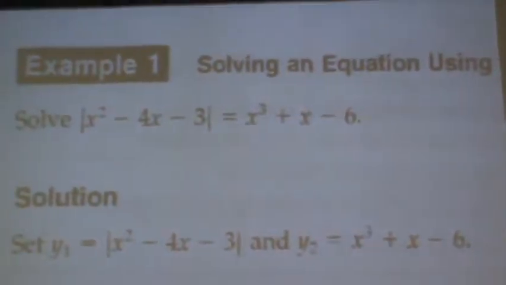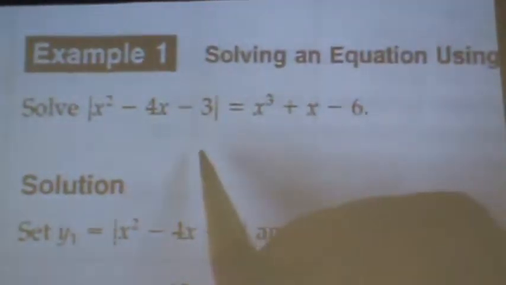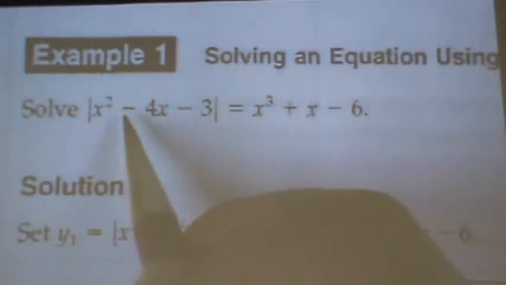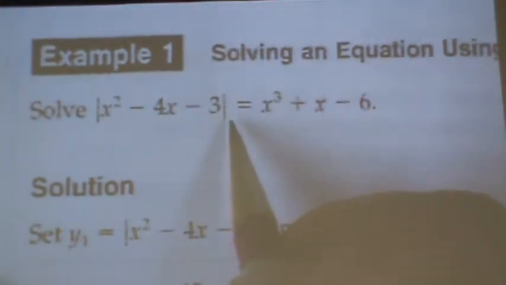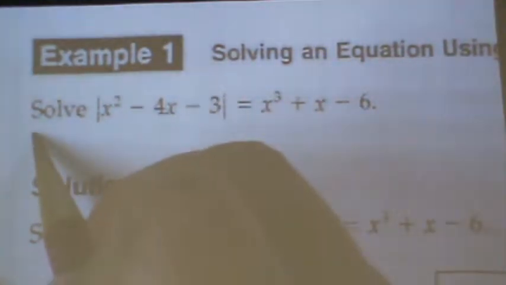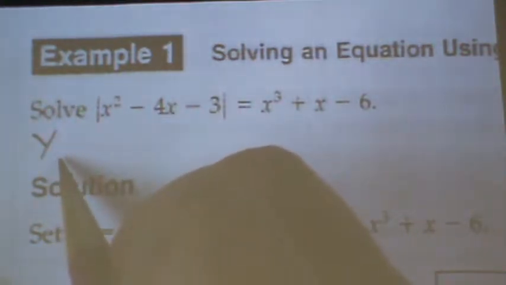Everybody have example 1 in front of them. On the left side, you have an equation, and it's the absolute value of x squared minus 4x minus 3. What you're going to do is take your calculator and go to the y equals button at the upper left-hand corner.